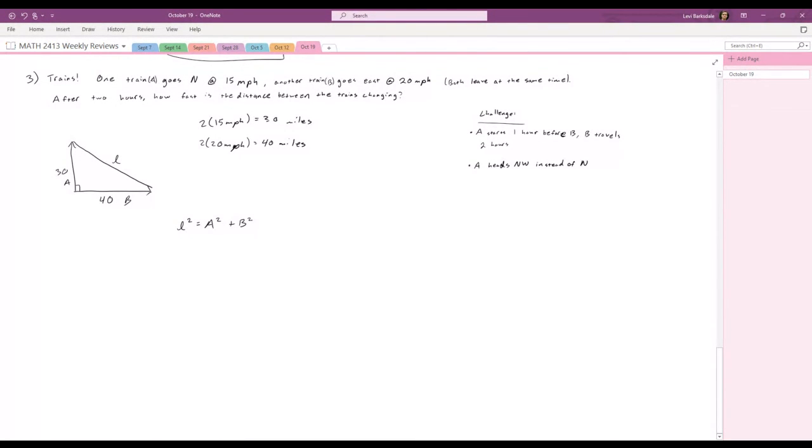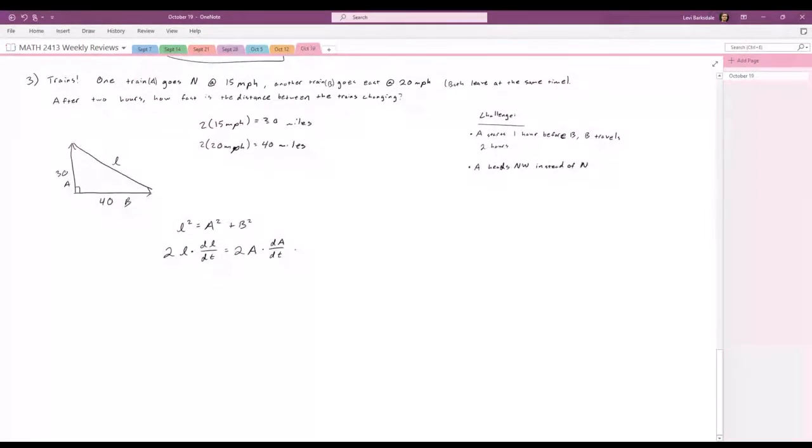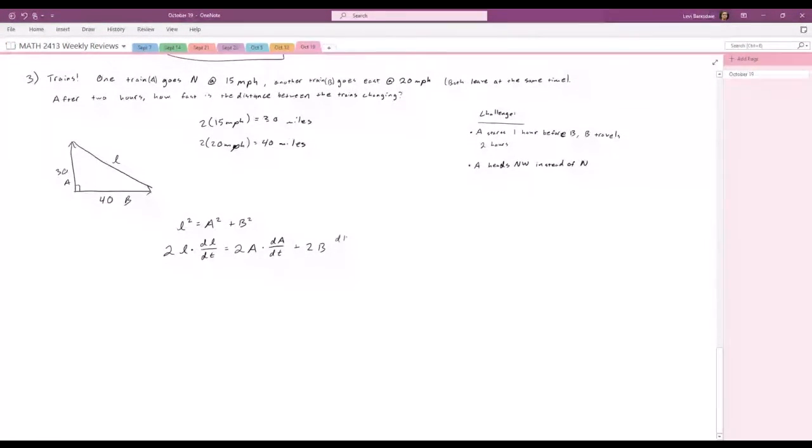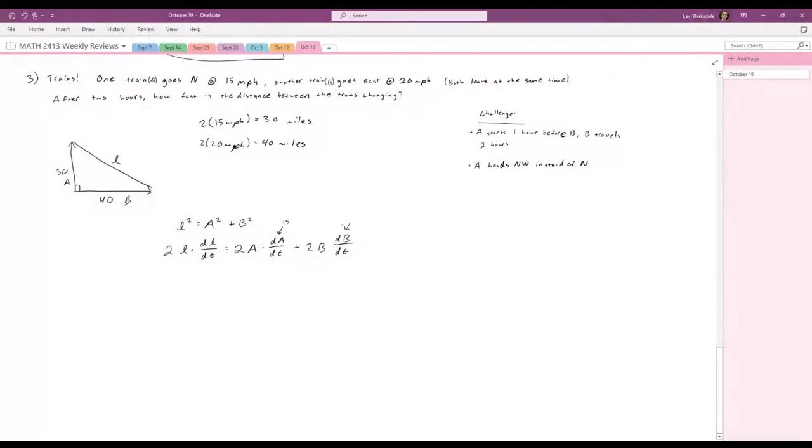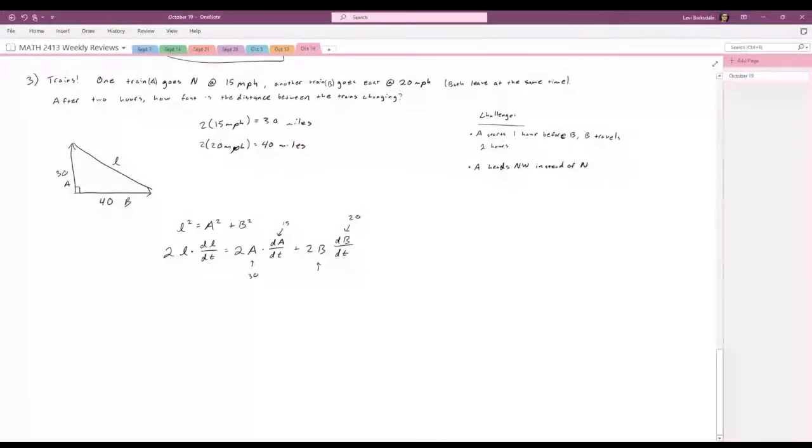So then if I take the derivative of this Pythagorean theorem equation, I should get 2 times the distance between them times the rate of change of the distance between them is equal to 2 times A times dA over dt plus 2 times B times dB over dt. Well, I know dA over dt, that's just 15. I know dB over dt, that's 20. I also know A and B. This is 30 and this is 40.